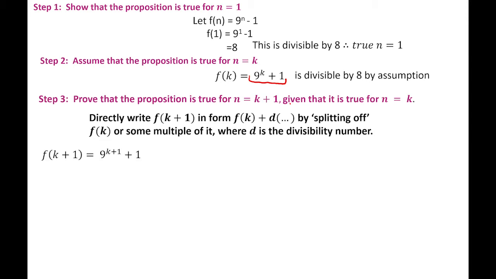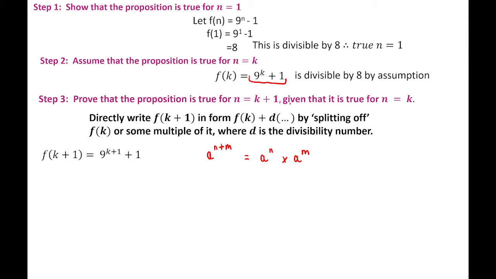So we need to substitute in k plus 1 for n. So f(k+1) is equal to 9 to the power of k plus 1, minus 1. We are now going to use our exponent rules to simplify our indices. On page 21 of our formula booklets, we're told that a to the power of n plus m can be written as a to the power of n times the same base to the power of your second index.